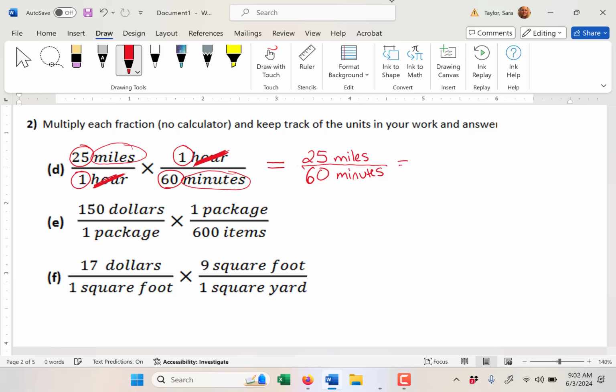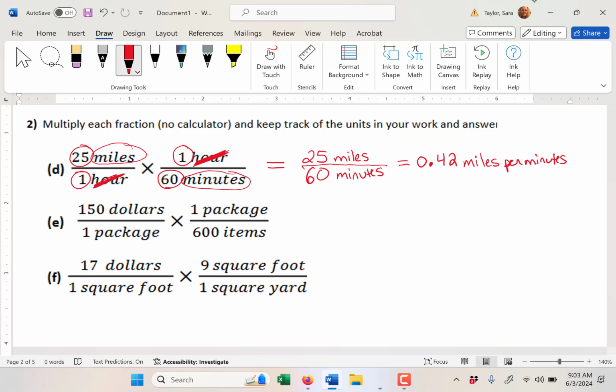So if we divide 25 divided by 60, that's approximately 0.42. And the units of this are miles divided by minutes. And the way that we say that is miles per minute. This rate of speed is 0.42 miles per minute.